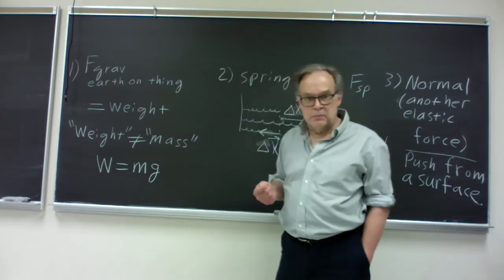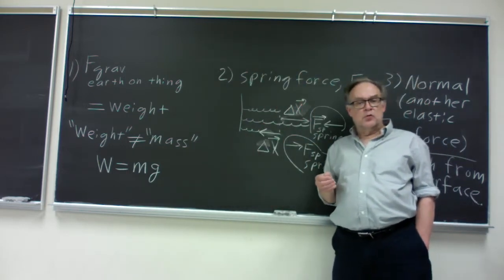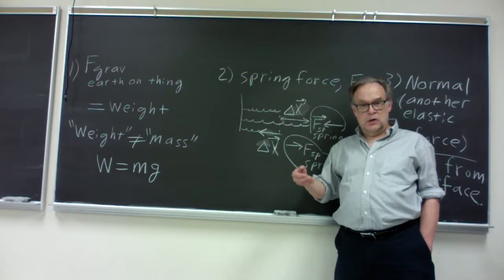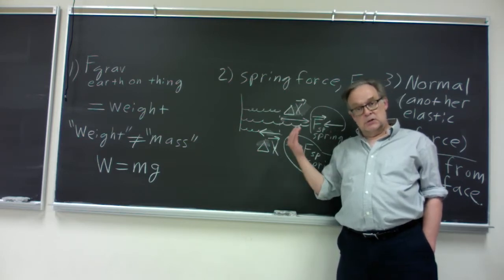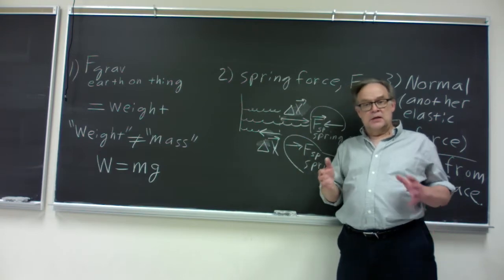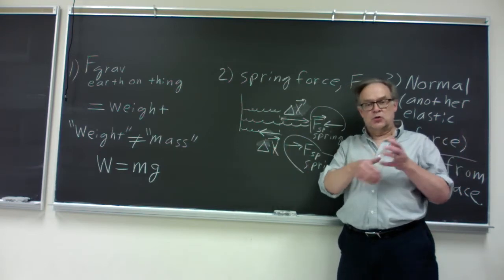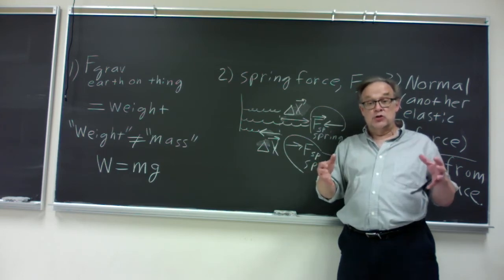So the second type of force is the so-called spring force. This is one force in a larger category that we might call elastic forces. An elastic object is anything like a spring, anything that when you stretch it or squeeze it or distort it in any way, will try to return to its original shape.